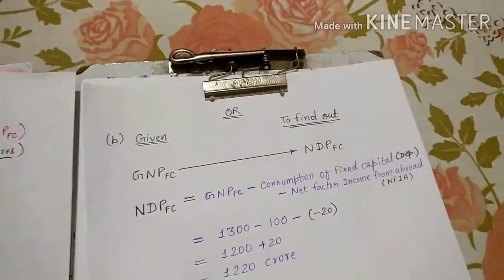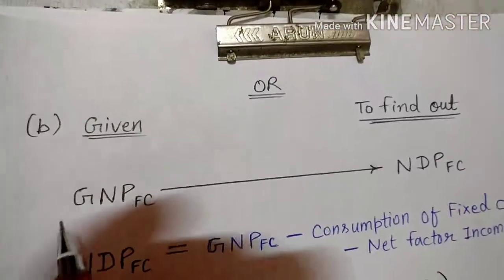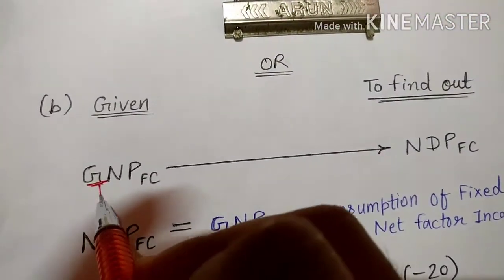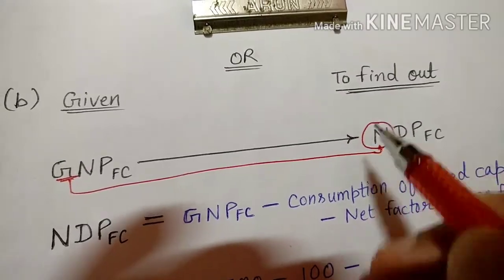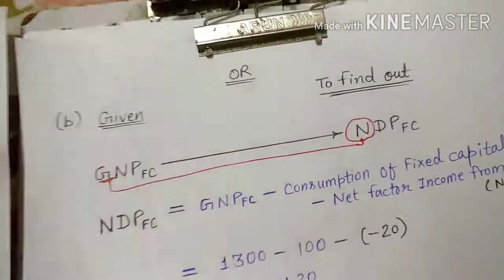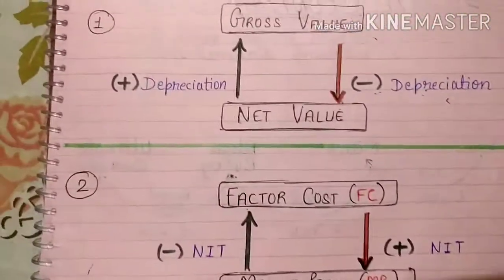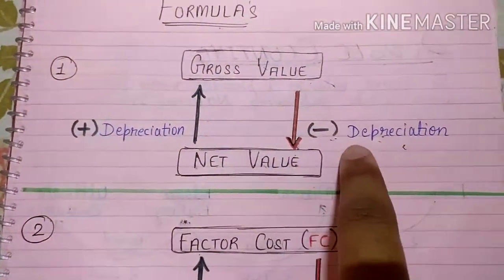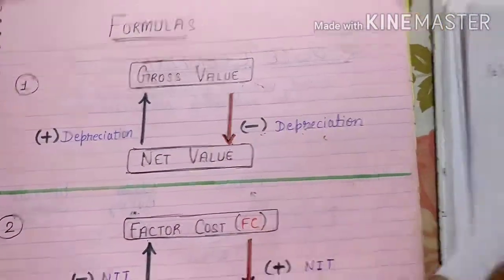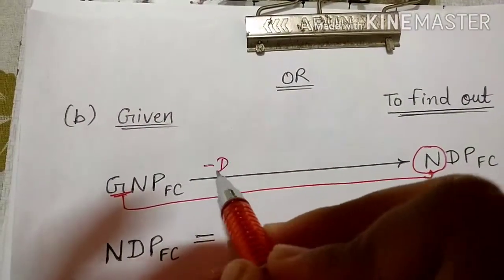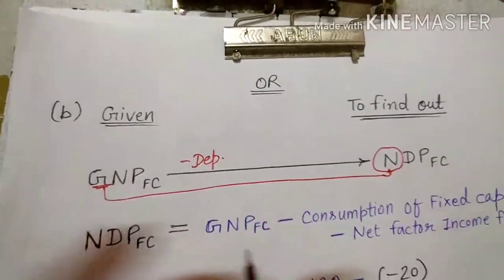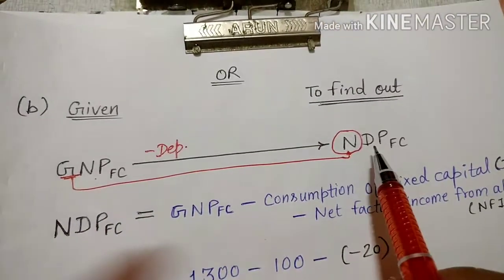Again, just check properly here. What is given to us, what is not given to us. We have gross, and we have to convert it into net. If we have to convert gross to net, what are we doing? We are subtracting depreciation. Then national to domestic.